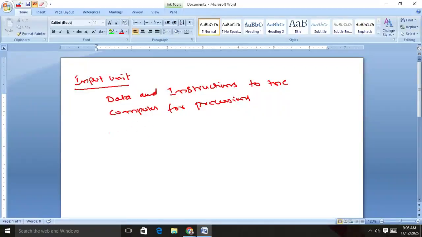The data, we know, is a raw fact. It is in the form of numbers, that is 5, 8, or minus 23, like that, or it may be in characters, that is Ramu, Sai, like that, or in any format.